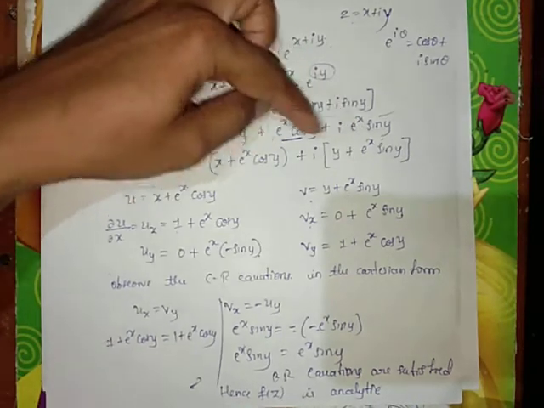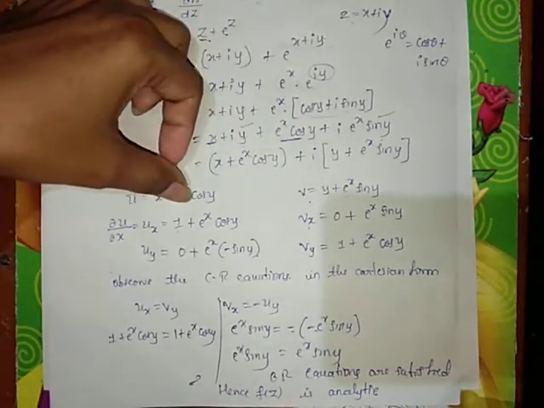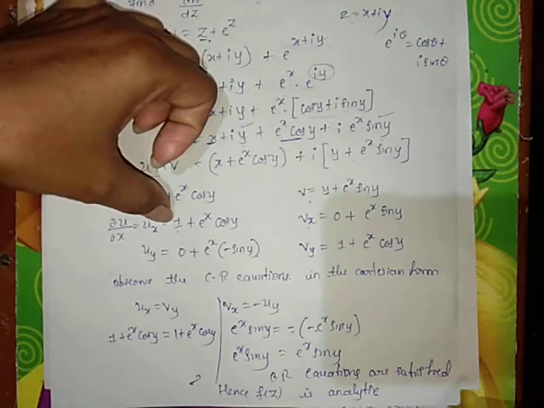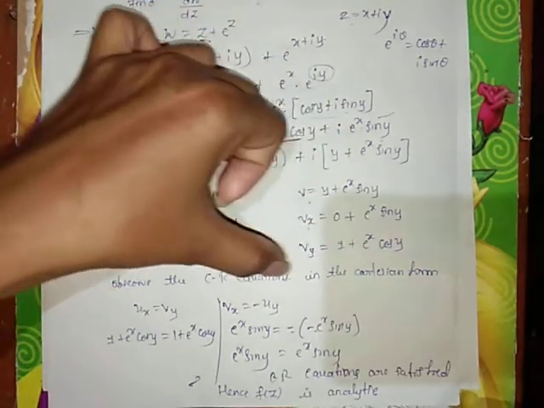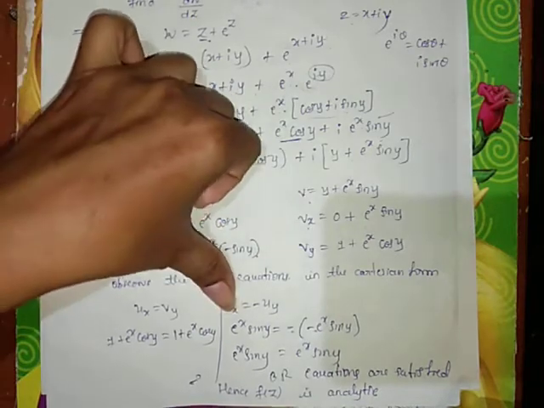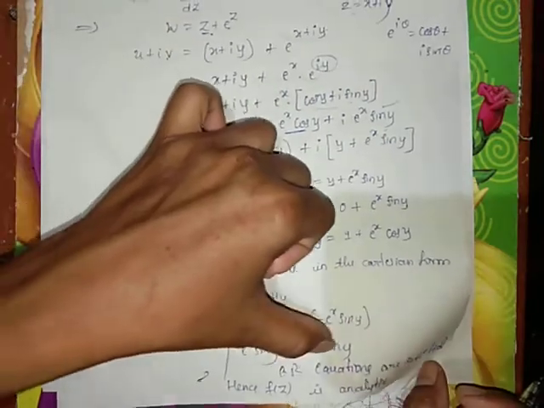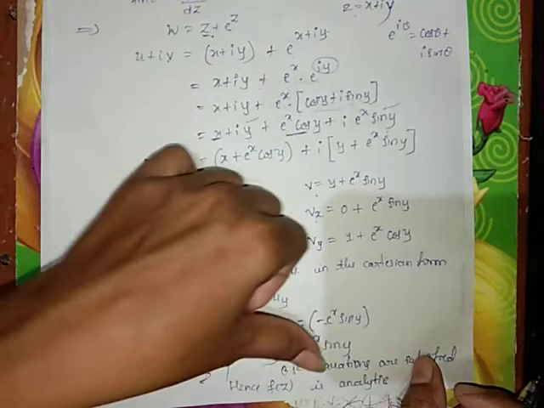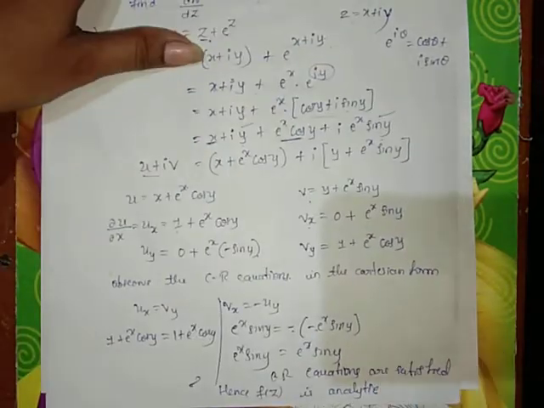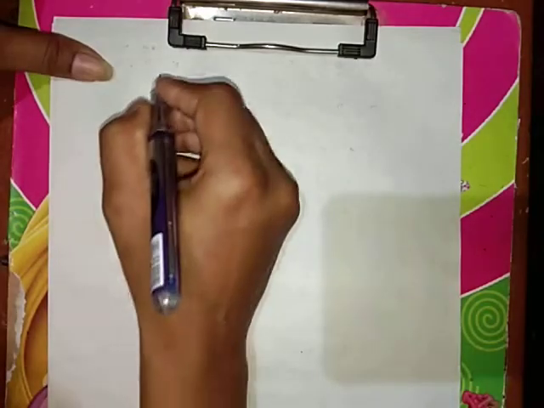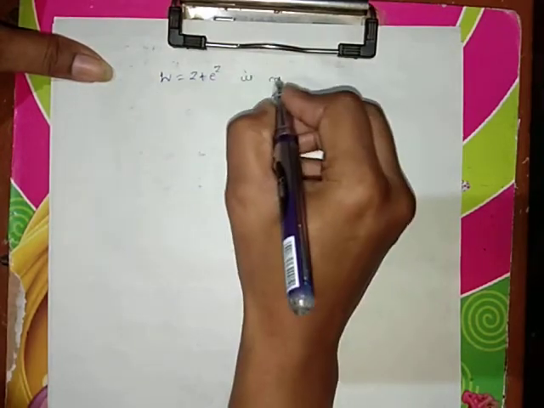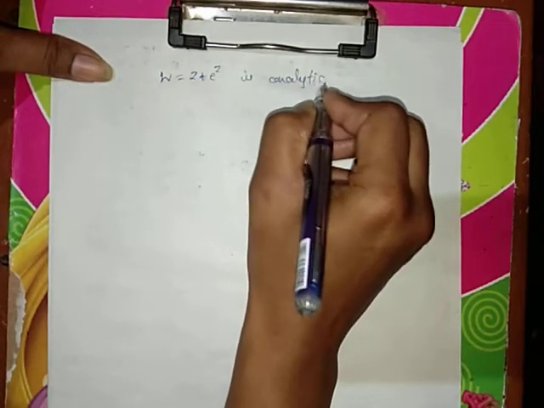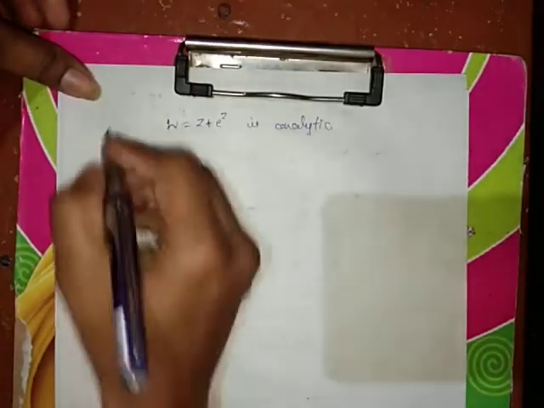After making the separations, we have to find out the first partial derivatives ux, vx, uy, vy, and then we cross check the CR equations. So here the CR equations are satisfied. Hence we declare that f of z is analytic. So we have declared that w equal to z plus e raised to z is analytic, meaning the given function is analytic.